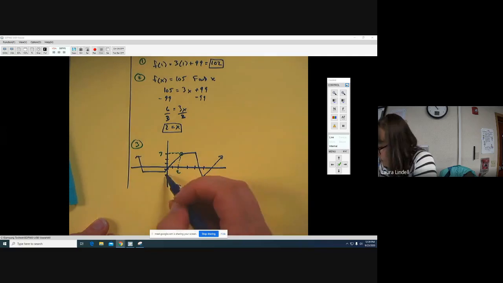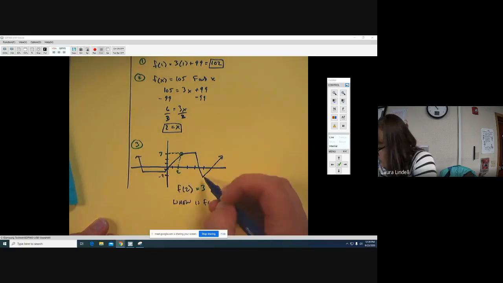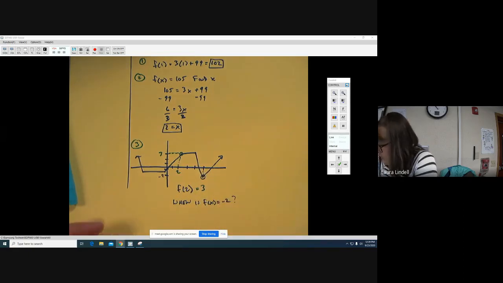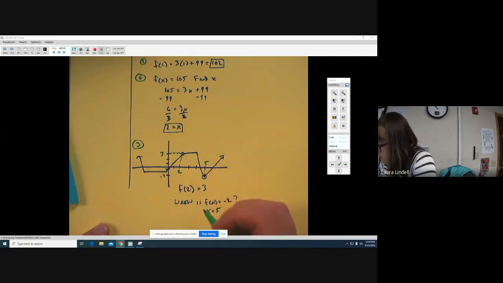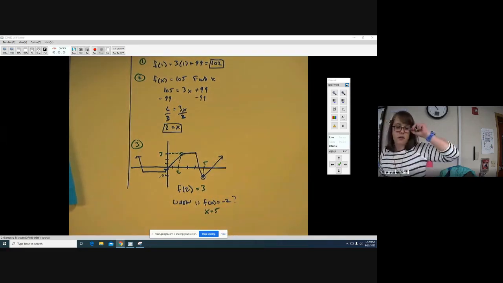So we'd go, okay, well, -2 is right here. And that's associated with the x value 5. Okay. So that's using function notation or using a graph to evaluate functions.